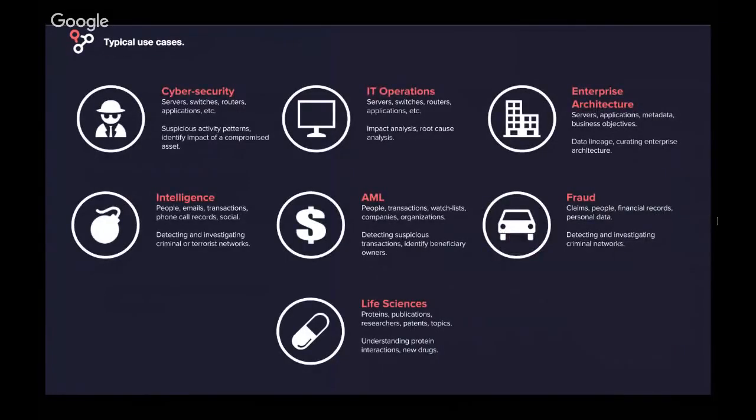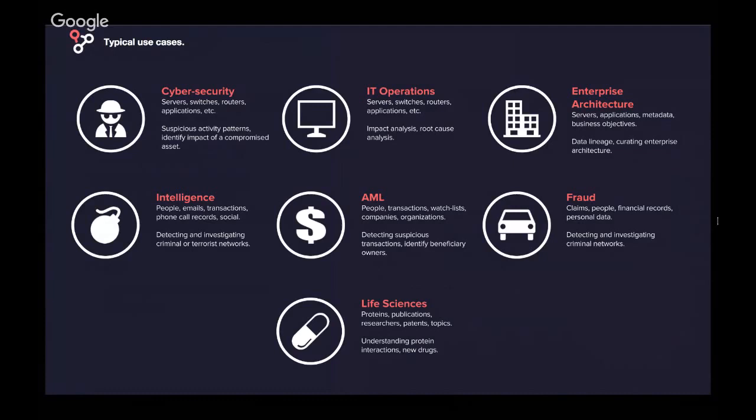So here is a bit of an overview of the various use cases in which graph databases are being used today. We can see some of them here, including cybersecurity, where organizations store and analyze the connections between servers, switches, routers, and applications to detect suspicious activity or to identify the impact of a compromised asset.